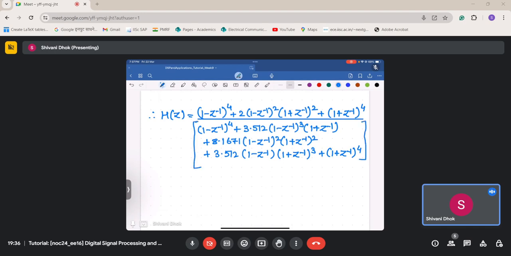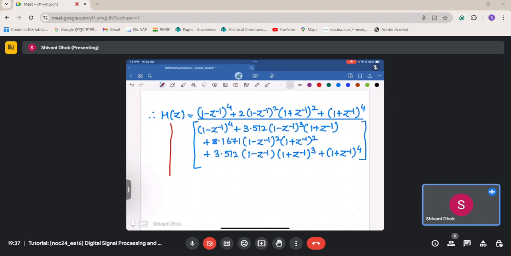So this thing, if we go on simplifying further, we can bring it in the form of polynomial in z inverse upon polynomial in z inverse, but it will take a lot of time, so let's keep it in this concise form.